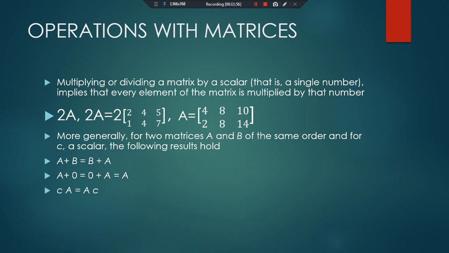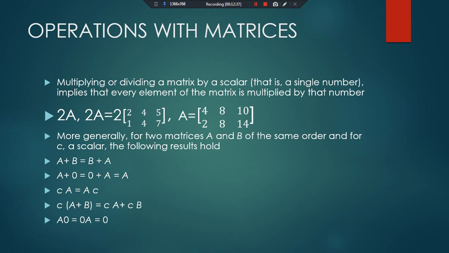And if you add A plus B and multiply the sum by a scalar c, the answer is equal to multiplying A by c and B by c individually, where c is any number.